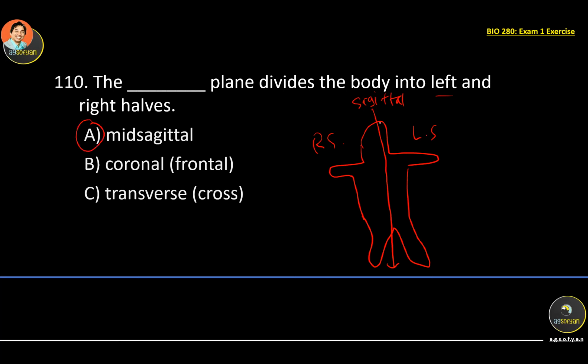The mid-sagittal plane divides the body into equal parts. If we divide the body up and bottom, this plane is called cross or transverse.